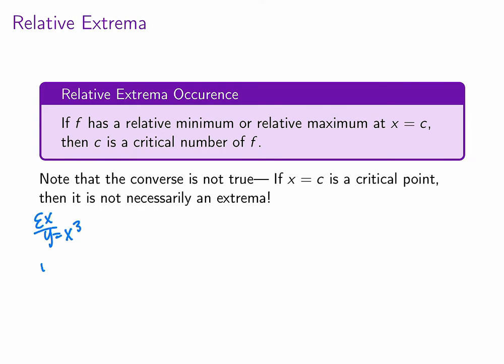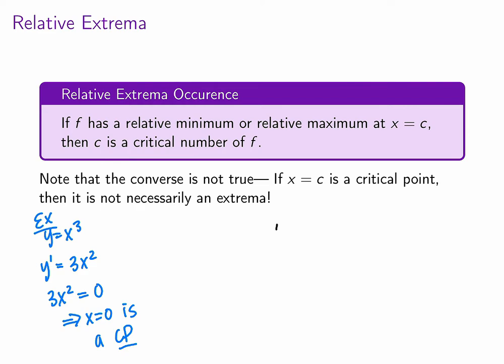So our derivative, y prime, would be 3x squared. And if we take that 3x squared and set it equal to 0 to find our critical points, notice that x equals 0 is a critical point. And I'll often just write CP for critical points. Okay, so x equals 0 is a critical point means it is a candidate for a relative max or a relative min. It doesn't mean that it automatically is one.